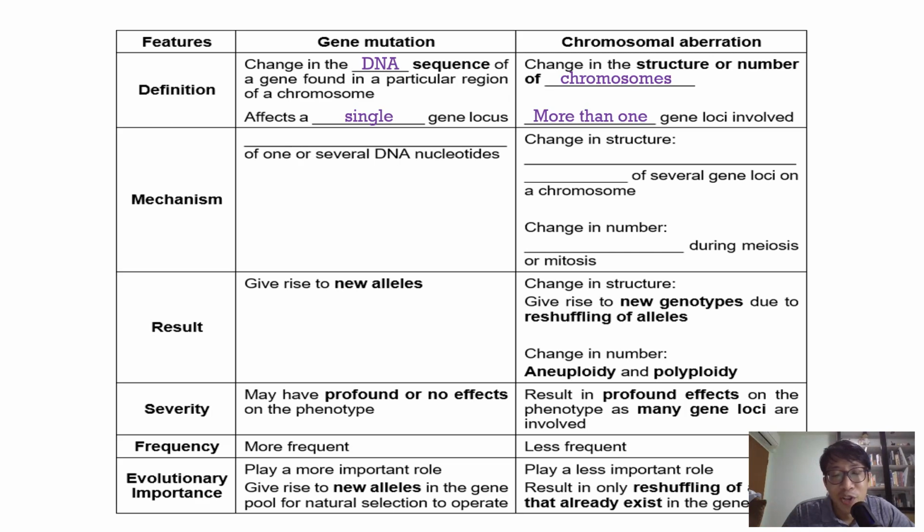Of course, if you change the entire chromosome in terms of numbers, then the entire chromosome surely contains many genes. The mechanisms for gene mutation are addition, deletion, and substitution. For chromosomal aberration, in terms of structure, it's duplication, deletion, inversion, and translocation. In terms of numbers, it's due to nondisjunction resulting in aneuploidy or polyploidy.